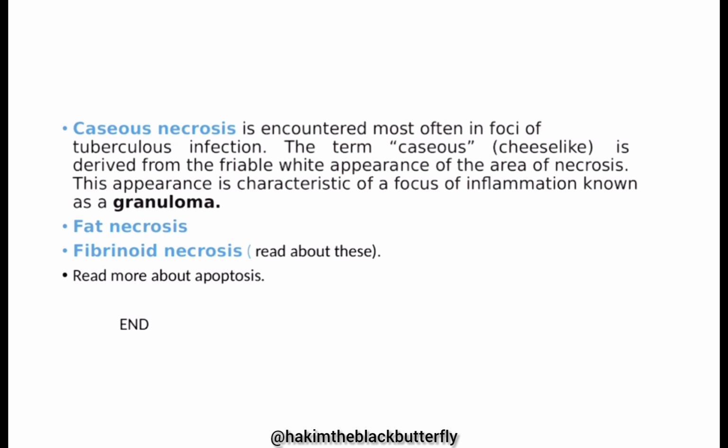So that death, the shedding of unwanted cells genetically, is what we call apoptosis. But if your cells die because they have been injured by different things, be it heat, chemicals, or microorganisms, then it becomes necrosis.